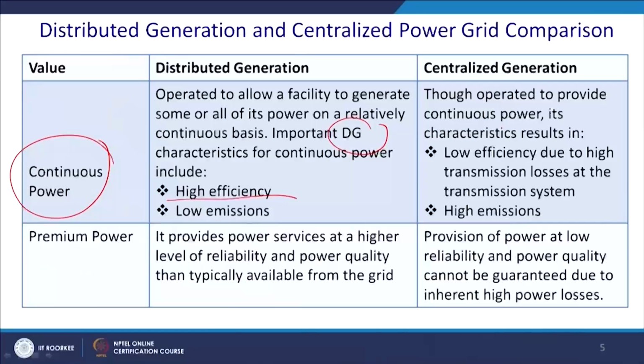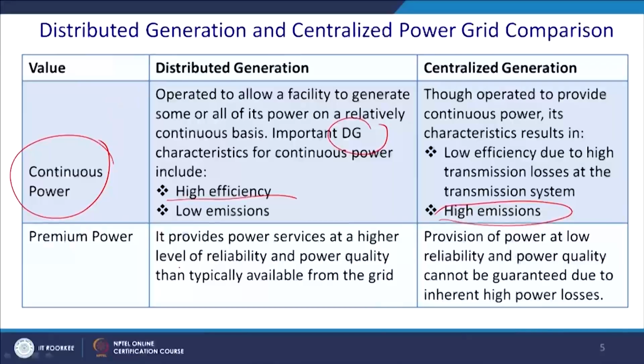Important distributed generation characteristics for continuous power include high efficiency and low emissions. Whereas centralized generation, operated to provide continuous power, has characteristics that result in low efficiency due to high transmission losses in the transmission system, and high emissions. Corona and all those effects come into the picture for high voltage applications.